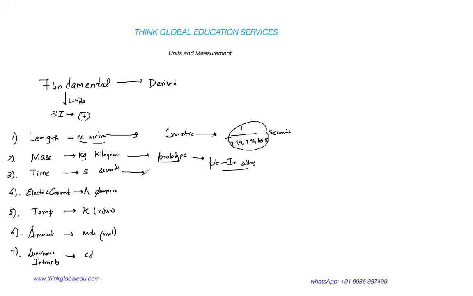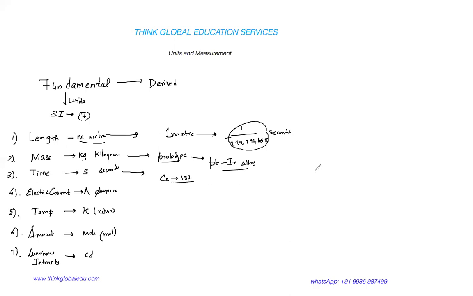And what is 1 second? So 1 second is defined by radioactivity. First we need to know about the Cesium-133 atom. Cesium-133 is a radioactive atom which emits electromagnetic radiation of several wavelengths. Each radiation corresponds to the transition between two hyperfine levels of the ground state of the Cesium-133 atom.